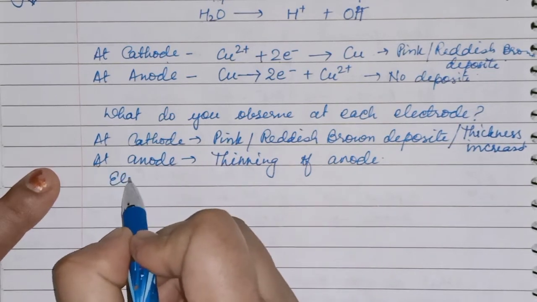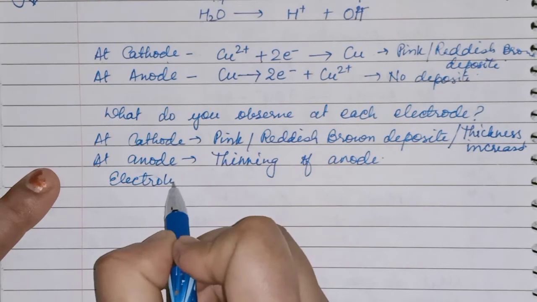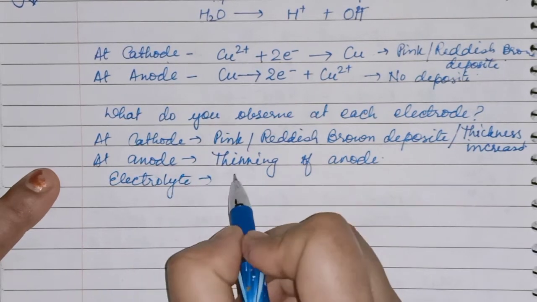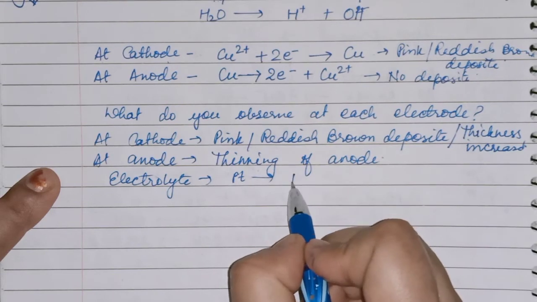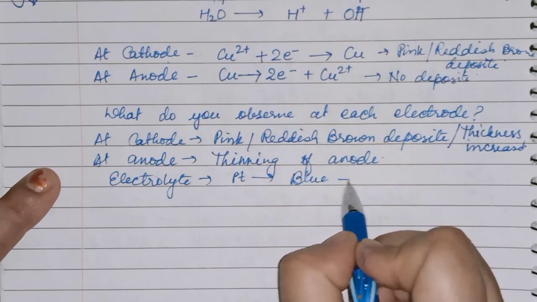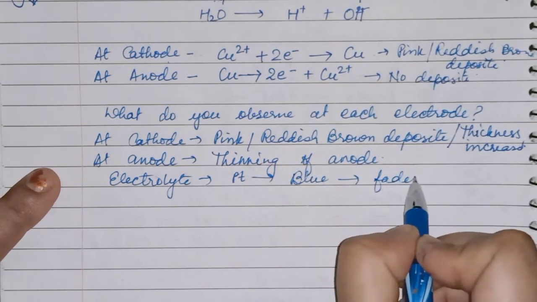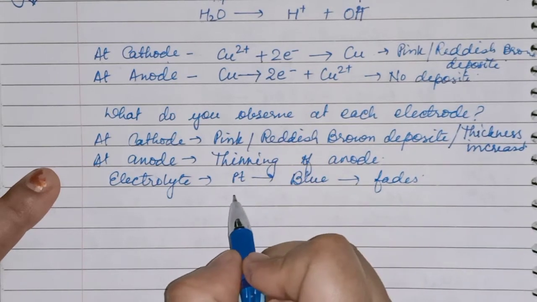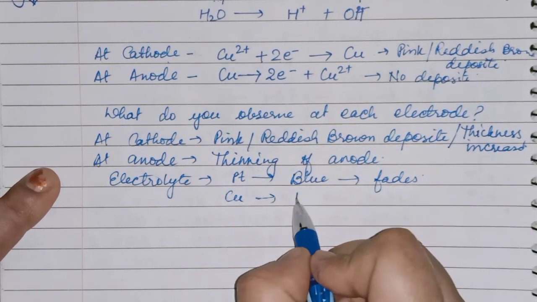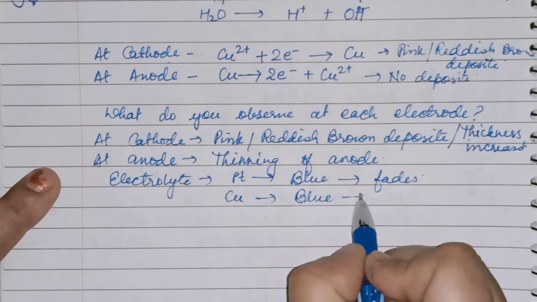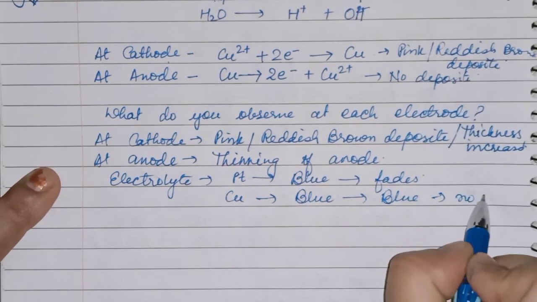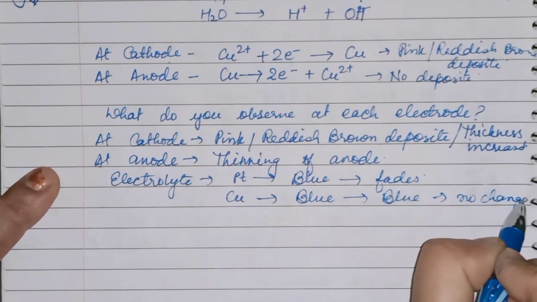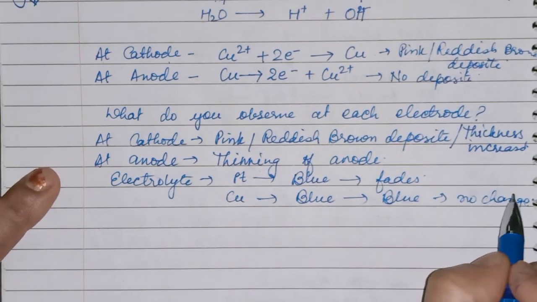Now for the electrolyte. When it is a platinum electrode, you have observed that the blue color fades. But when it is a copper electrode, the blue color solution remains blue. That means no change. Why is there no change? This one is also important.